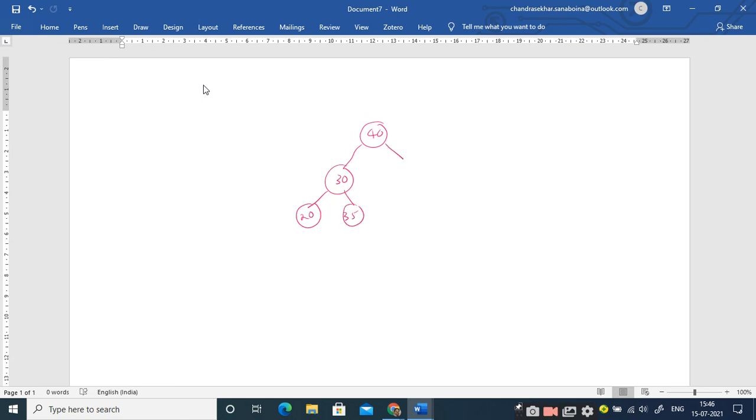I am taking an AVL tree like this. So what are the balance factors I have here?